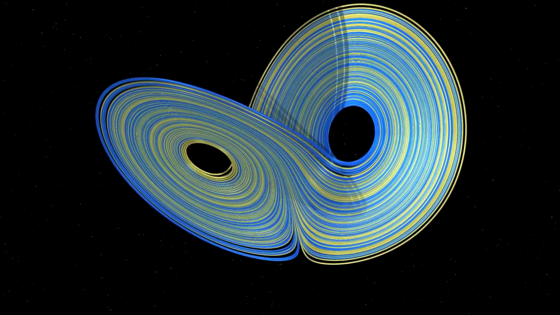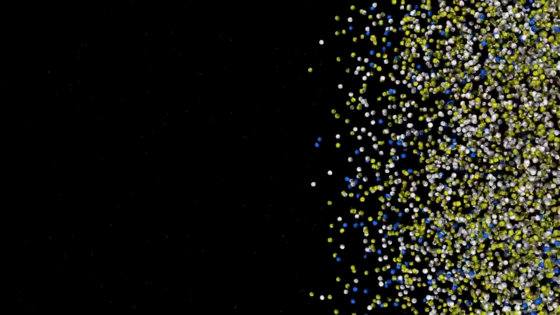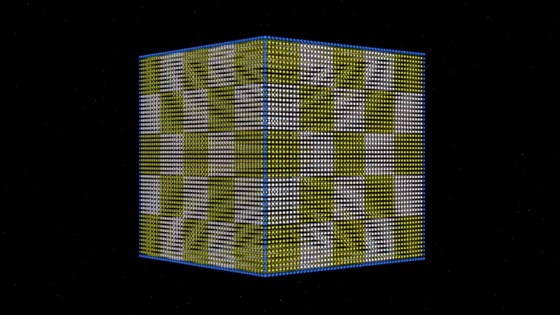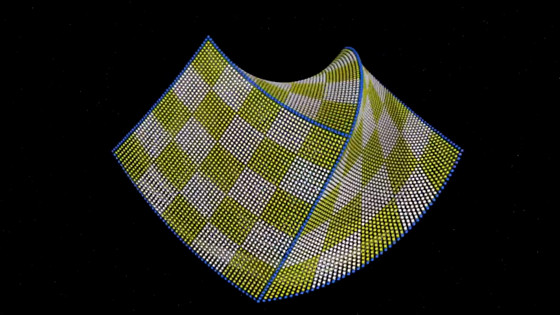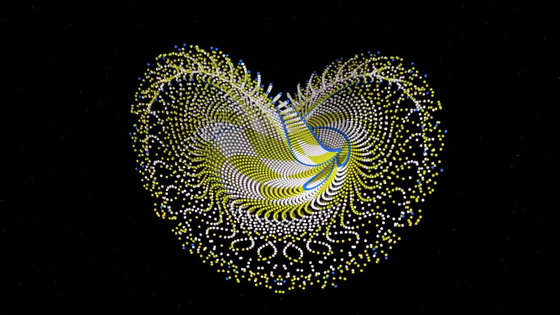Instead of observing just two trajectories, let's look at many more. Look at all these balls, each one of them representing a simplified atmosphere. After a while, they all accumulate on the same butterfly.